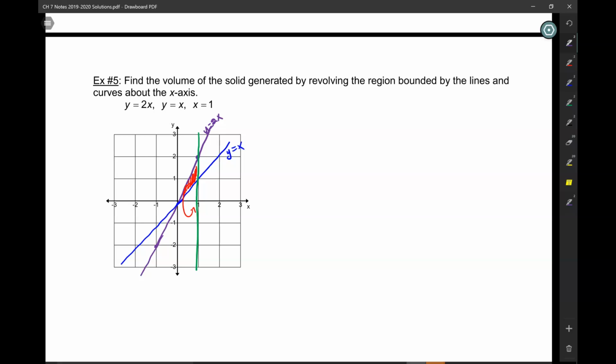So capital R is 2x, lowercase r is x, and so when I take the volume, it's going to be pi times the integral of the quantity 2x squared minus x squared dx from 0 to 1.